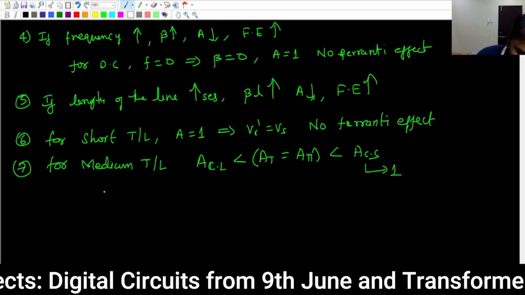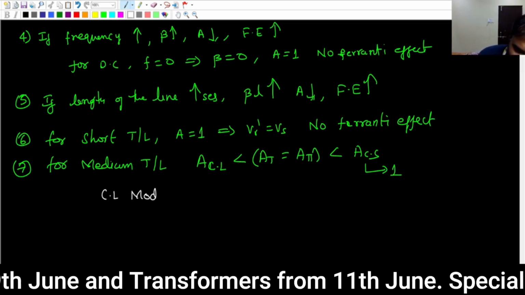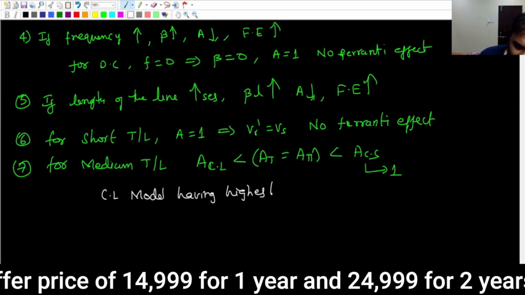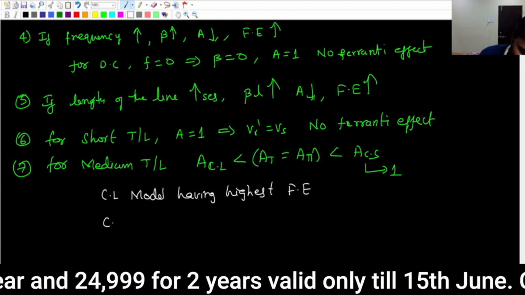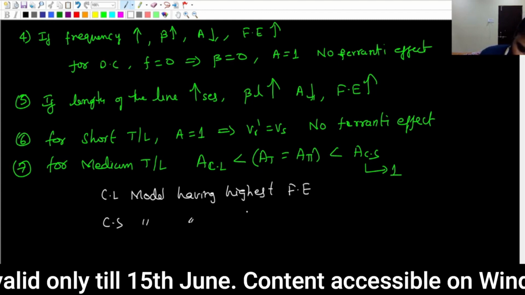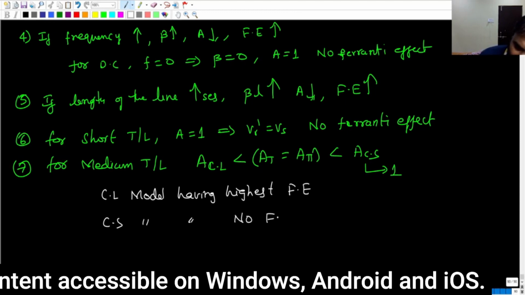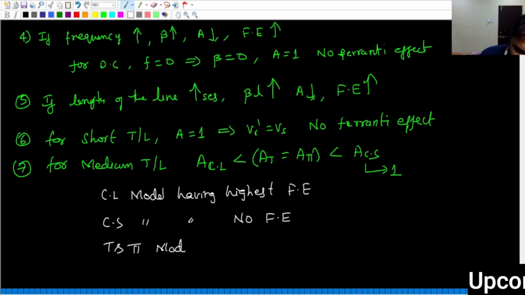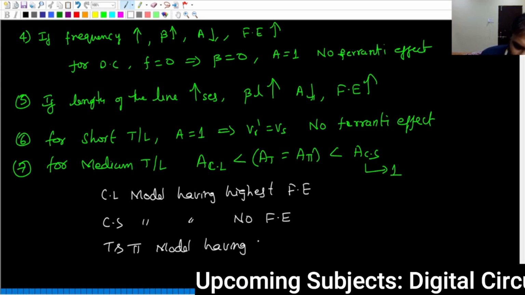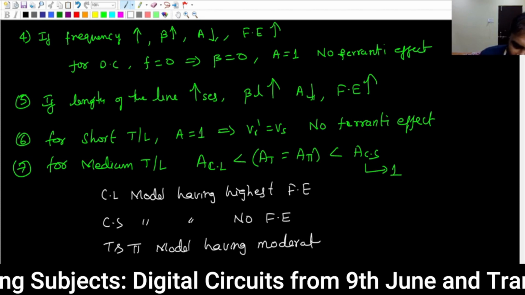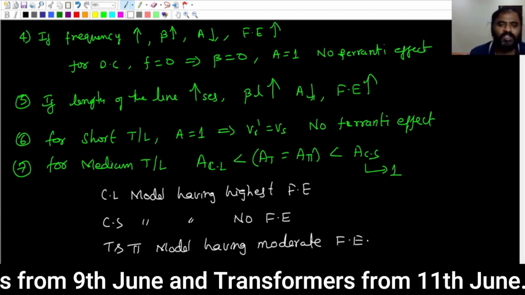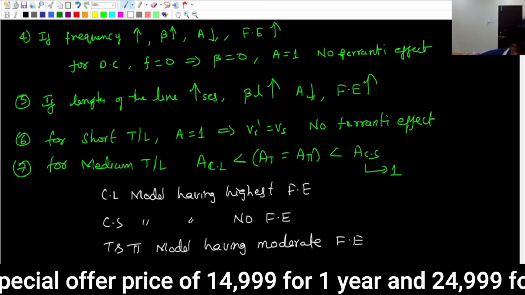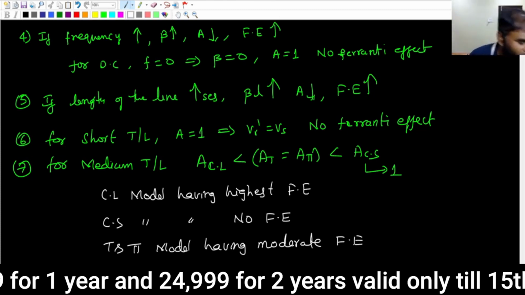For a medium transmission line, the CL model has the highest Ferranti effect. The CS model has no Ferranti effect. The T and pi models have moderate Ferranti effect. Yes or not? Based on A only, we define the Ferranti effect. I hope you got clarity on this. Is this clear, everybody?